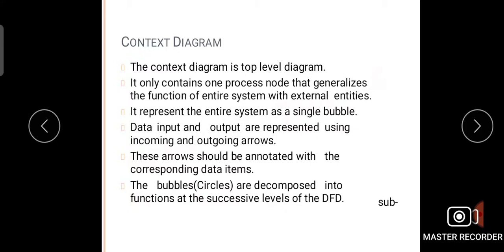It represents the entire system as a single bubble, and data input and output are represented using incoming and outgoing arrows, which should be annotated with the corresponding data items. The bubbles are decomposed into functions at the successive levels of DFD, and these are the sub functions of the context level diagram.